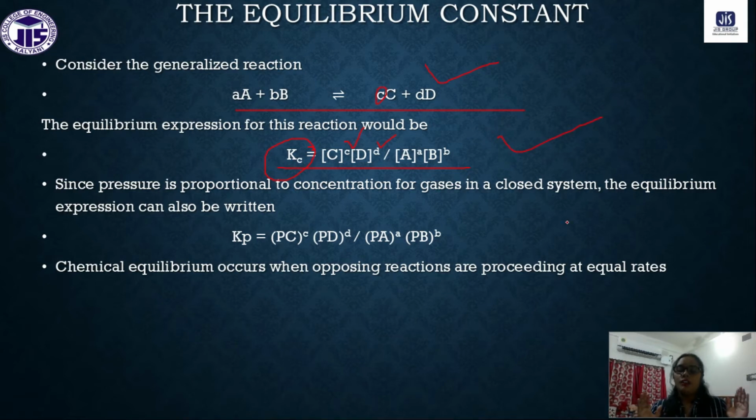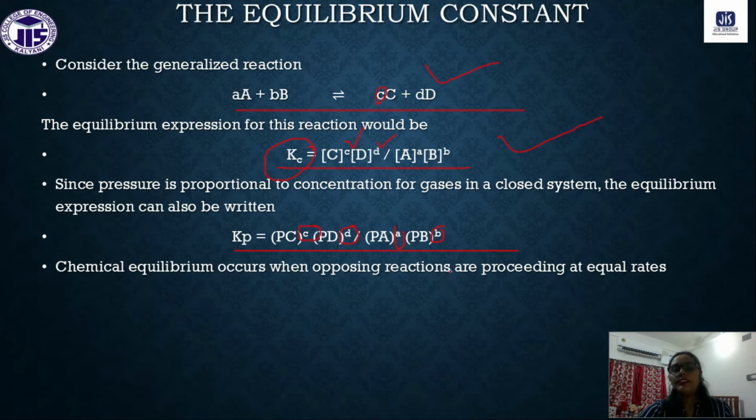If the reactants as well as the products are gaseous molecules, then the equilibrium constant can also be expressed by the partial pressures. The same equation applies: the multiplication of the partial pressures of the products divided by the multiplication of the partial pressures of the reactants. Whatever amount of reactant we have taken will go to the power.